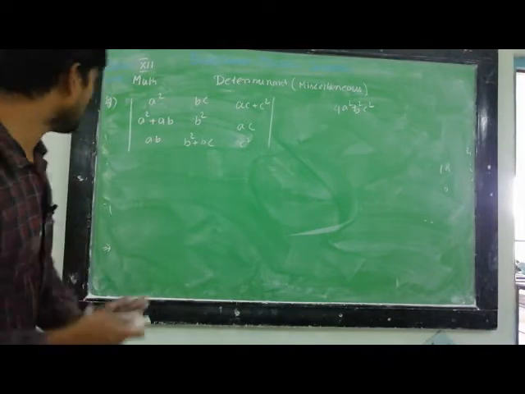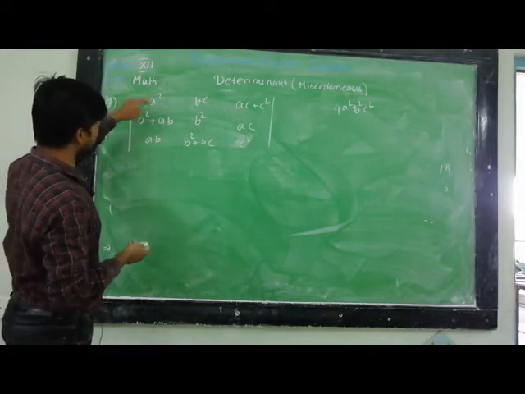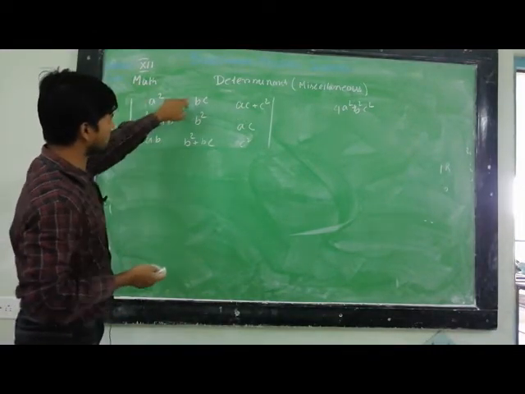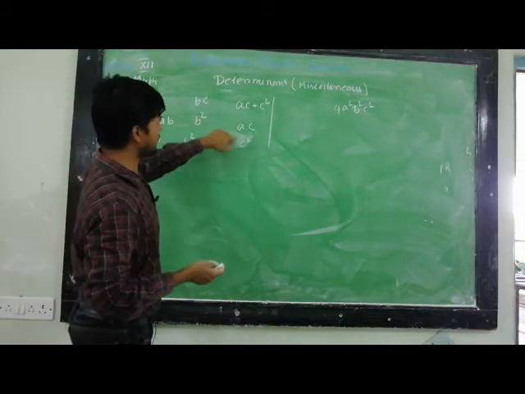Okay, now first take common a from the first column, b from the second column, and c from the third column.